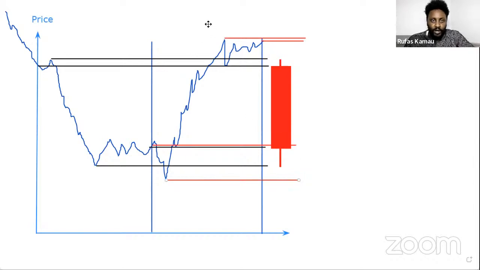When you look at the body, in this case, it will be green in color. The difference between the closing price and the opening price, in this case, will be in the opposite direction. So we draw a green rectangle here.